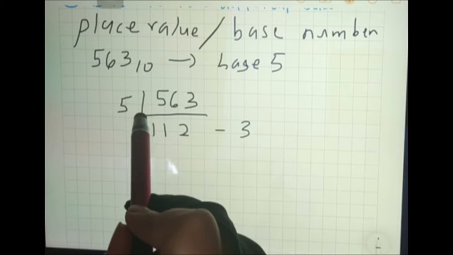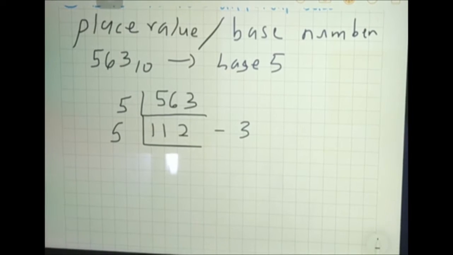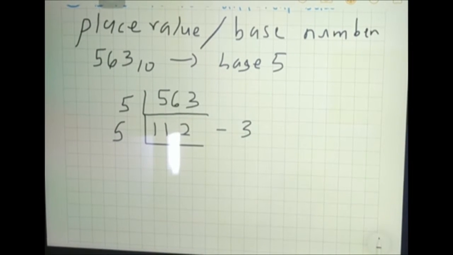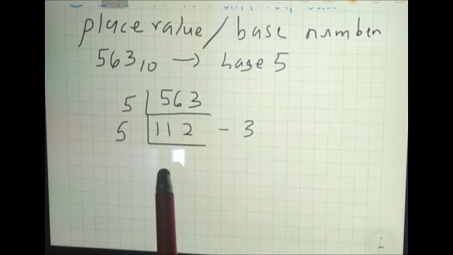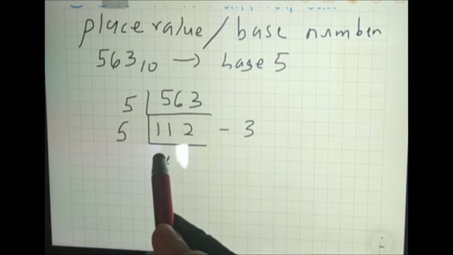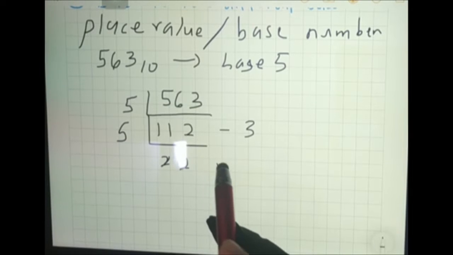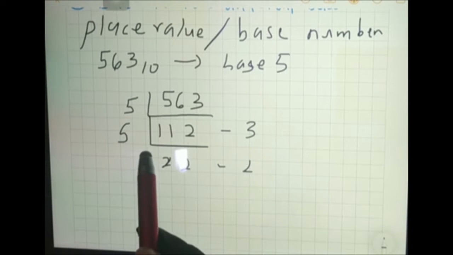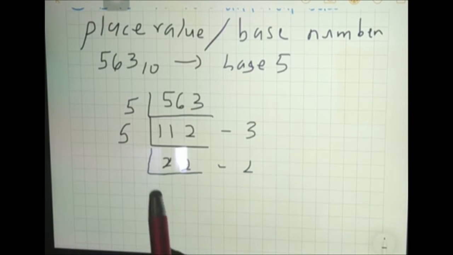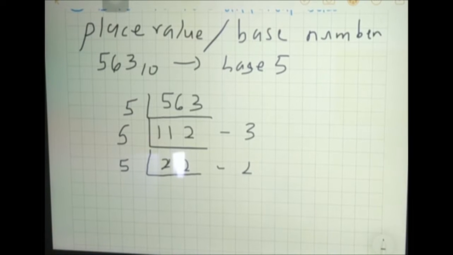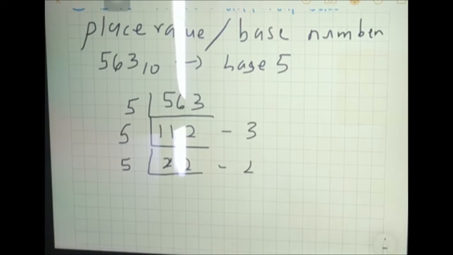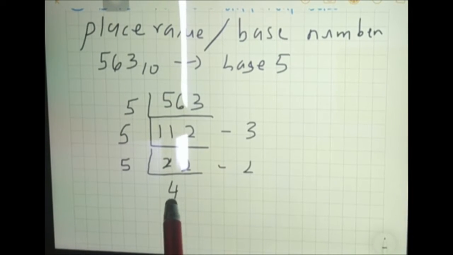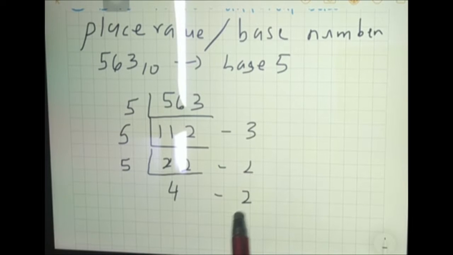So 112, we divide it again with 5, and we will get 22. And the remainder of this number is 2. So we write it next to it. So 22, divide again with 5. So we get 4, and the remainder is 2.